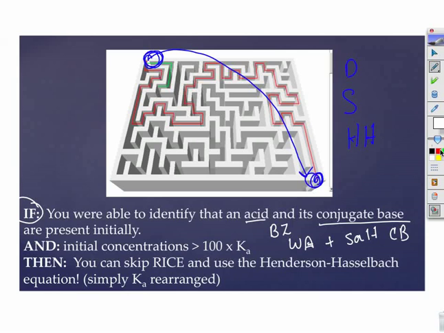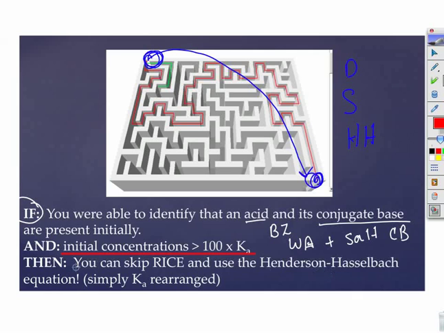Now, you also have to have a situation in which your initial concentrations are greater than 100 times Ka. In other words, ones in which we can neglect that plus and minus x.